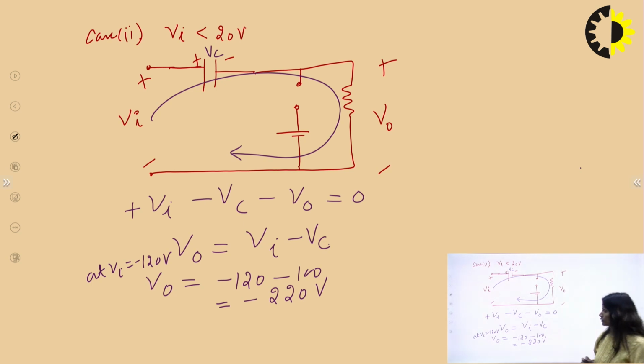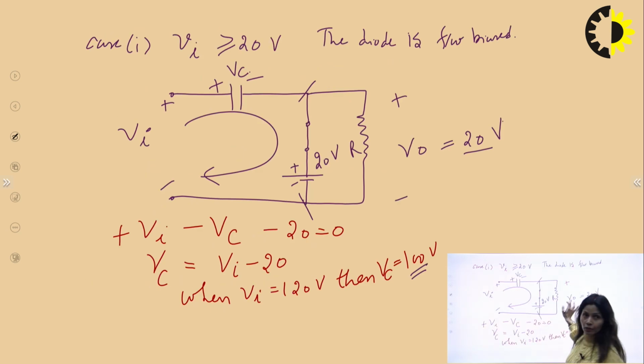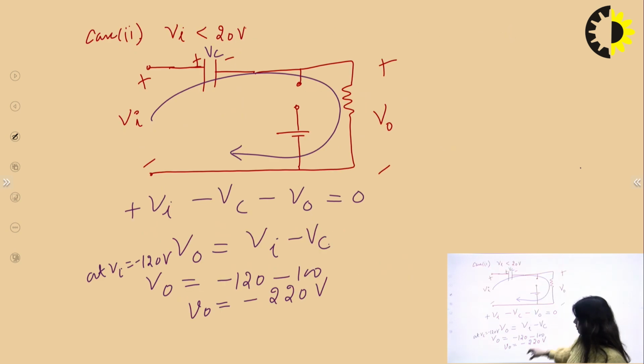Now we have two values of Vo: one we have calculated as 20 volt and another as minus 220 volts.